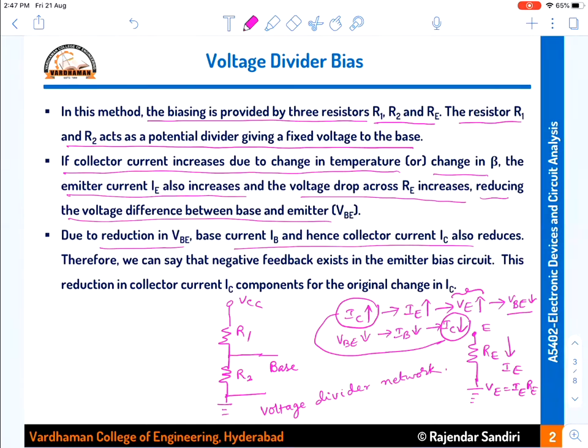Therefore we can say that negative feedback exists in the emitter bias circuit. This reduction in the collector current compensates for the original change in IC. Because of this negative feedback, any increase in collector current is brought back to the normal value.